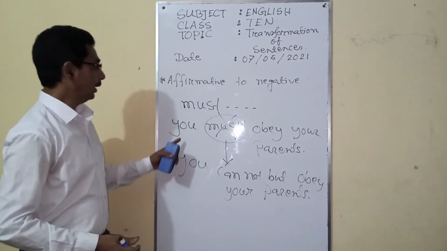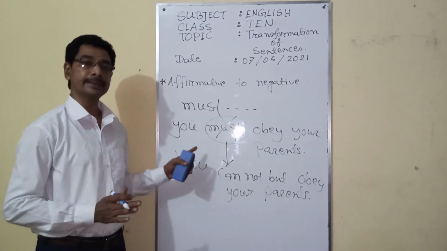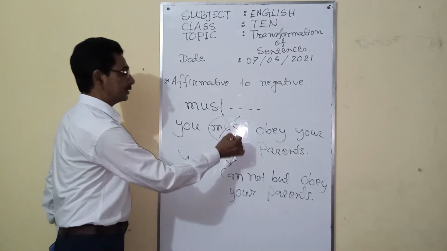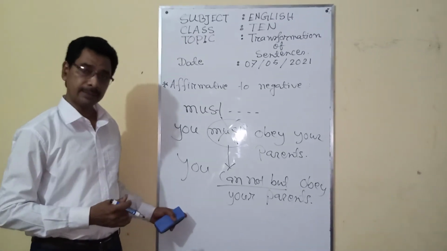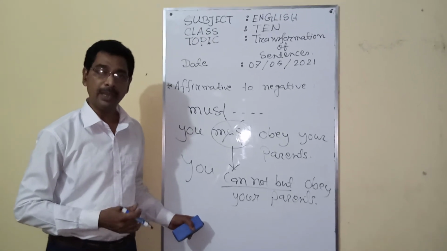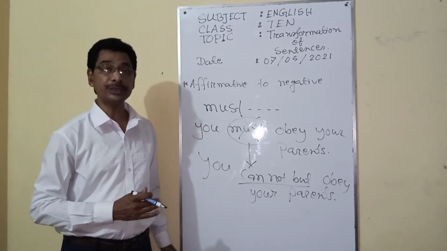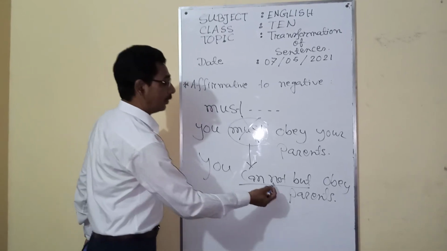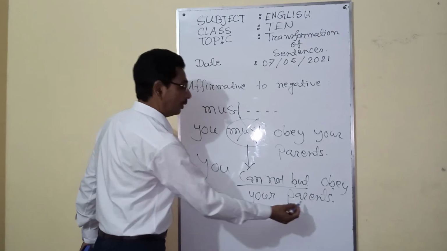Now, you must obey your parents. If you find a sentence including must, you have to write down against must, cannot but. You can also write cannot help. If you write cannot help, you have to add ing after the verb. For example, you cannot help obeying your parents.